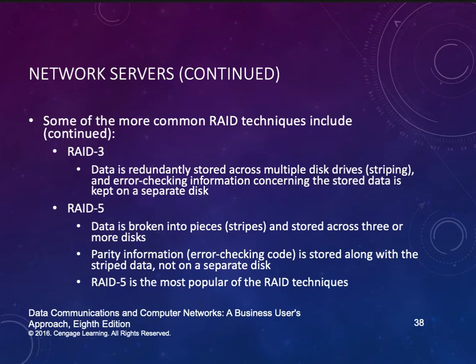Also, we have RAID 3, redundancy, multiple disk striping, error checking. Okay. RAID 5, we also have striping and error checking. And this is one of the most popular ones.